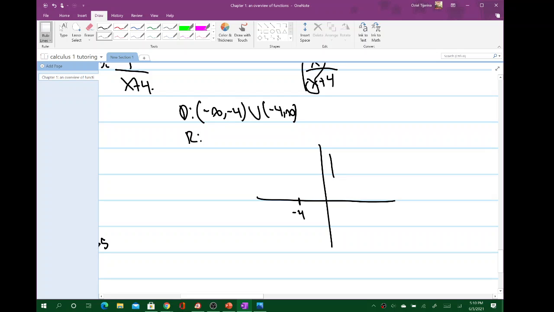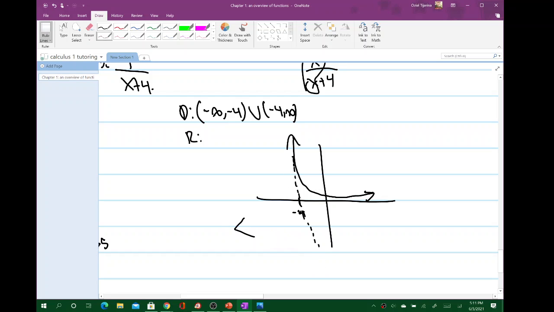It should go something like this. Right, that's what it should be, because this is the vertical asymptote.